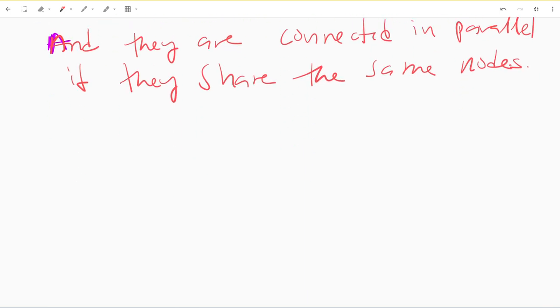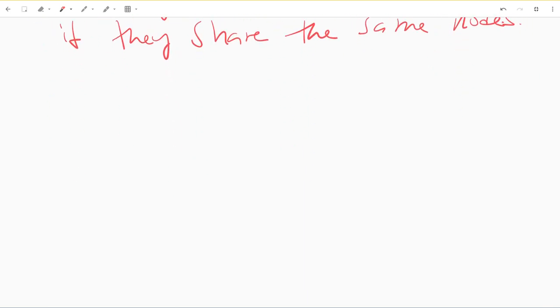All right, so we're going to rewrite our circuit and we're going to break it down into a combination of series and combinations of parallel components.